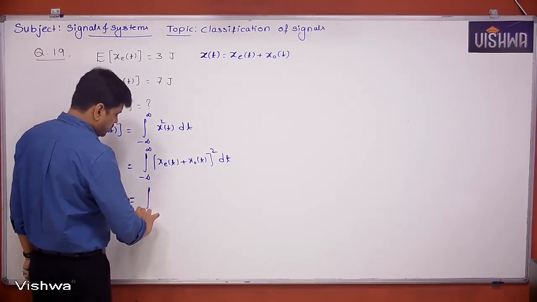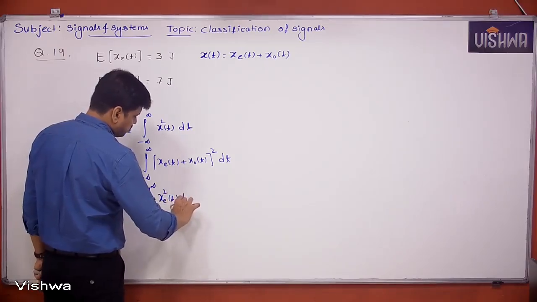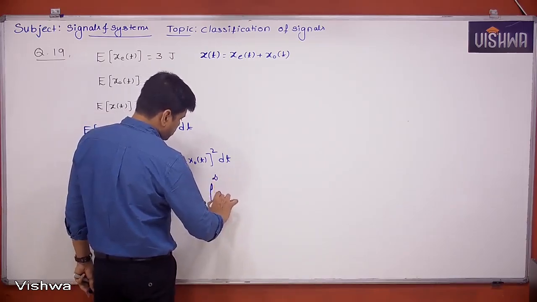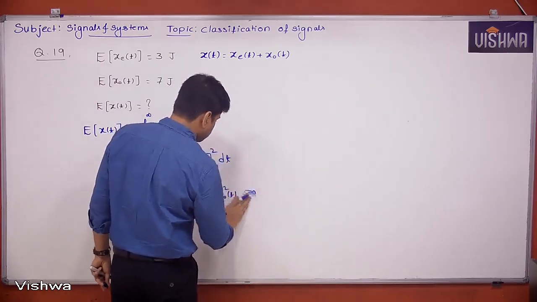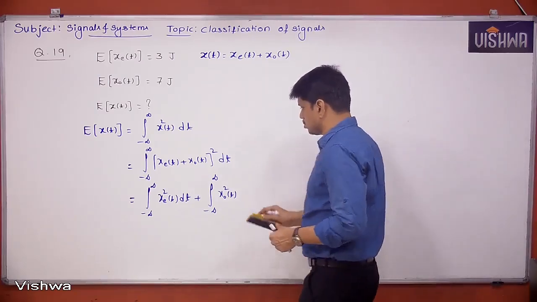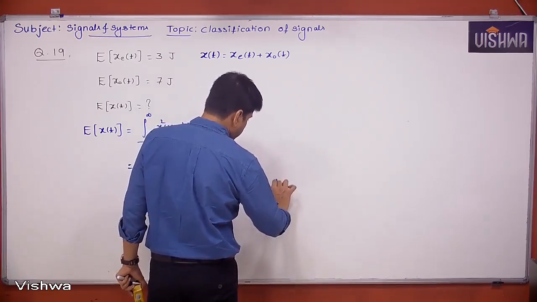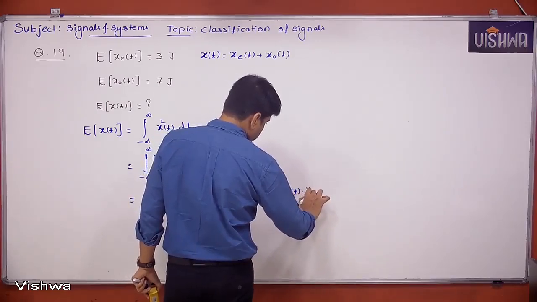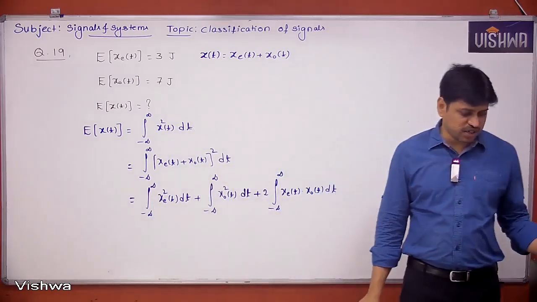Then it is going to be integral from minus infinity to infinity of x even part of t square dt, plus integral from minus infinity to infinity of x odd part of t square dt, plus 2 into integral from minus infinity to infinity of x even part of t times x odd part of t dt. I just applied the (a plus b) whole square formula, nothing else. I haven't done anything else.